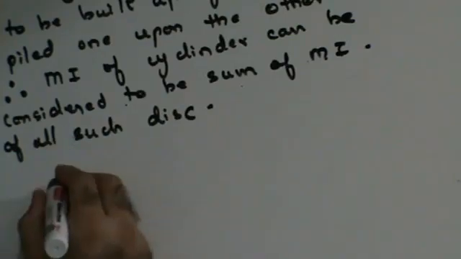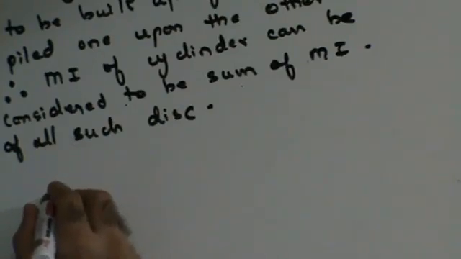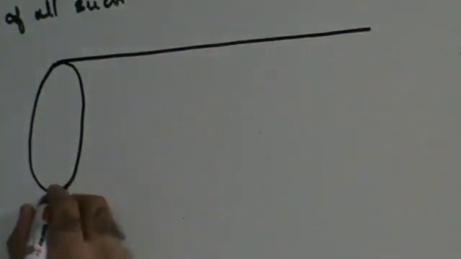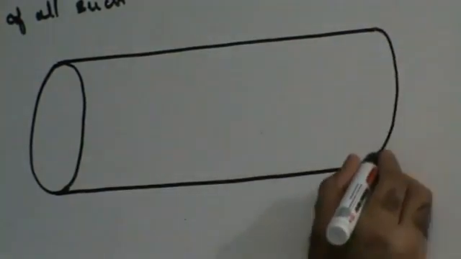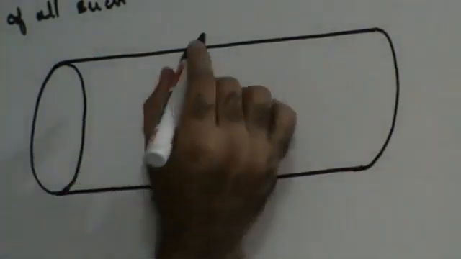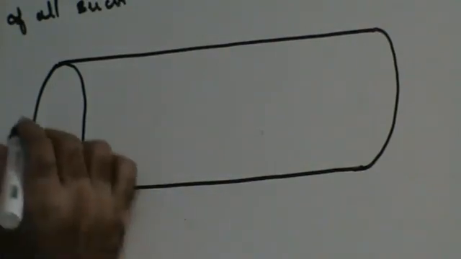Now, let's draw a cylinder and see how it looks. Let's consider a cylinder. Let's draw the x and y axis.